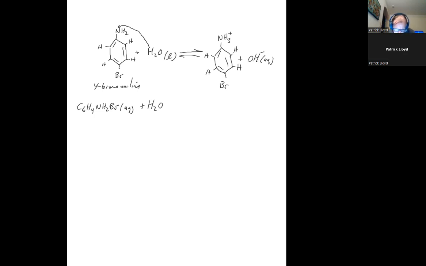Okay, and that's going to react with the water. Again, the hydrogen is going to go onto the nitrogen. So you get C6H4NH3Br. And again, it's a little tricky how you write the plus.